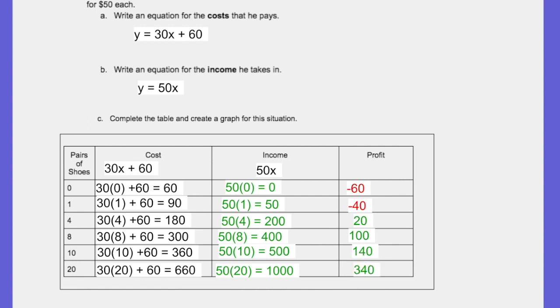All right. So now we're going to go ahead and plot that. I'm going to use red for cost and green for income. So first I got that point of 0, 60. So 0, 60 would be right here. Then I got 1, 90. And on your page, we printed this for you so you can go back and forth easily, side by side.